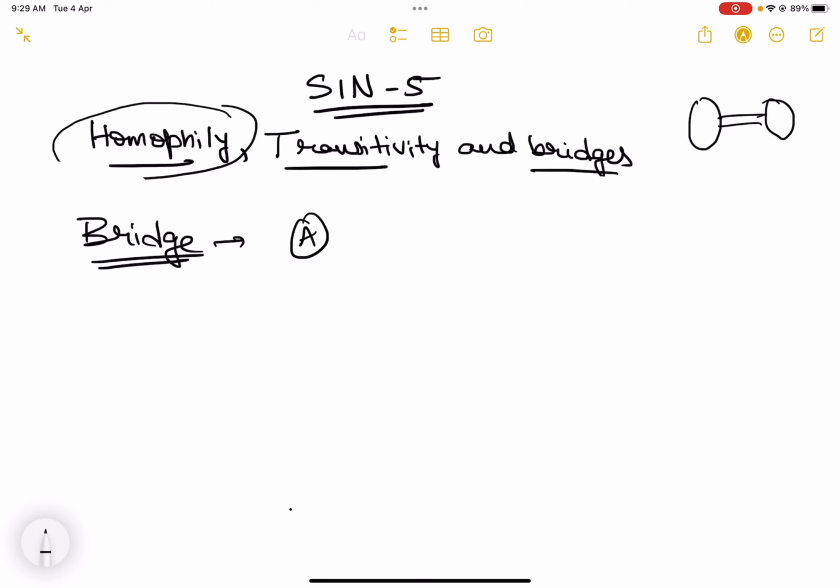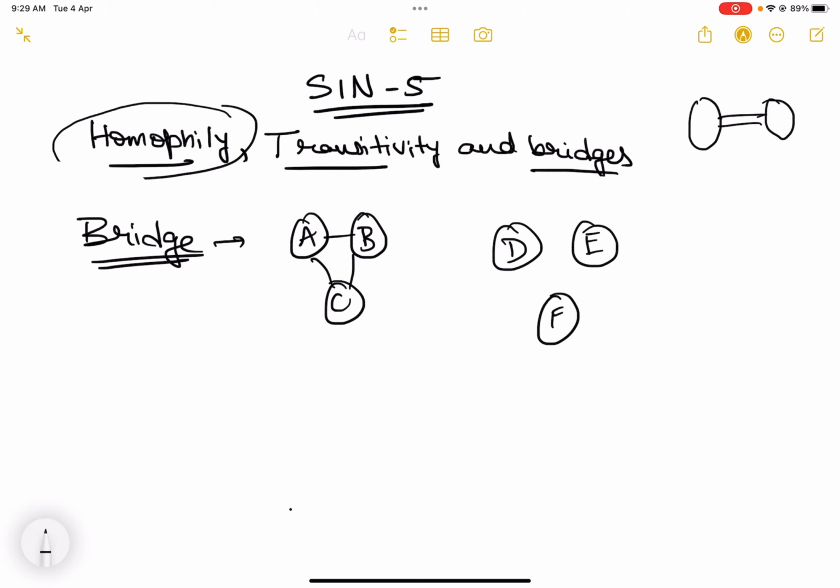So if we have two clusters like this and they're disconnected, now let's say we have another node G which is connected to C as well as F. So now this node G is called the bridge.